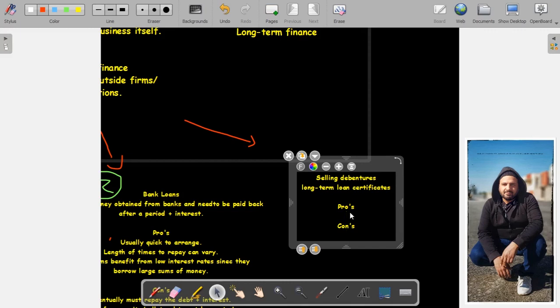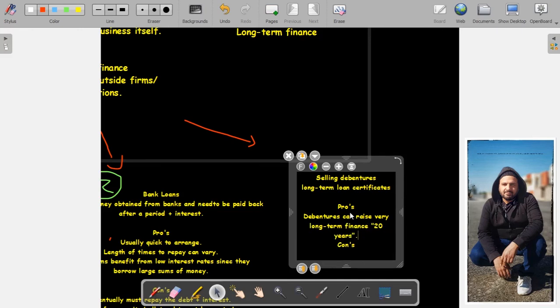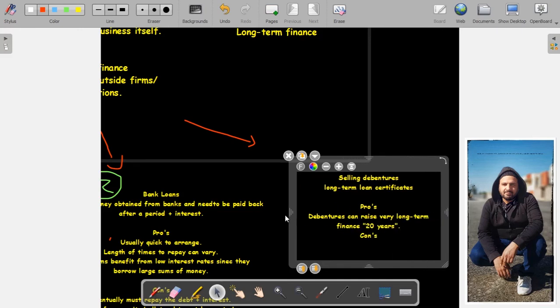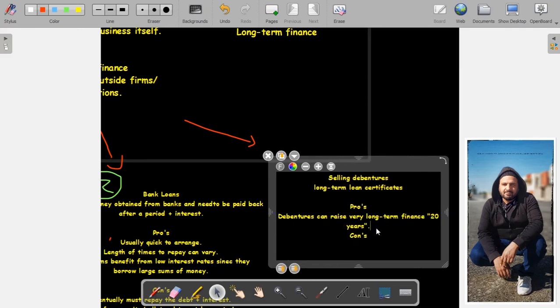So let's say that you want to finance a business, but you're not going to make huge profit before a few years. It's very beneficial to do that. So debentures can raise very long-term finance, for example even for 20 years. This is the advantage for this method.